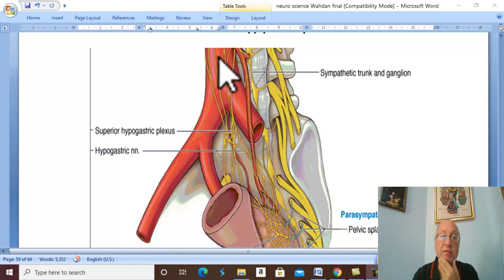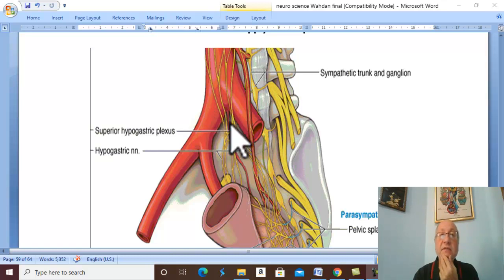Therefore, branches from aortic plexus, and this plexus containing descending sympathetic fibers from lumbar splanchnic and ascending parasympathetic fibers from pelvic splanchnic nerves.